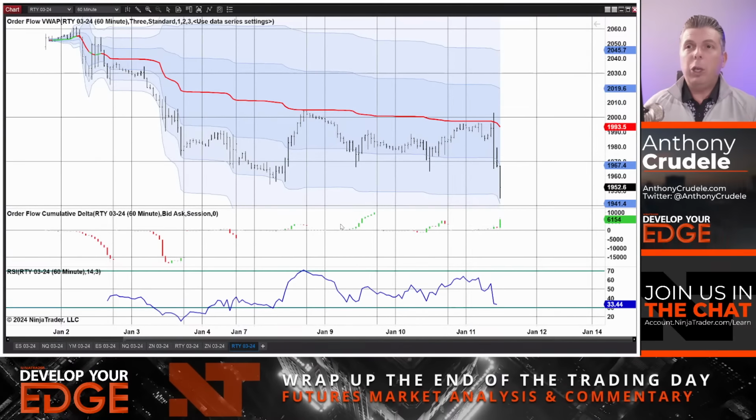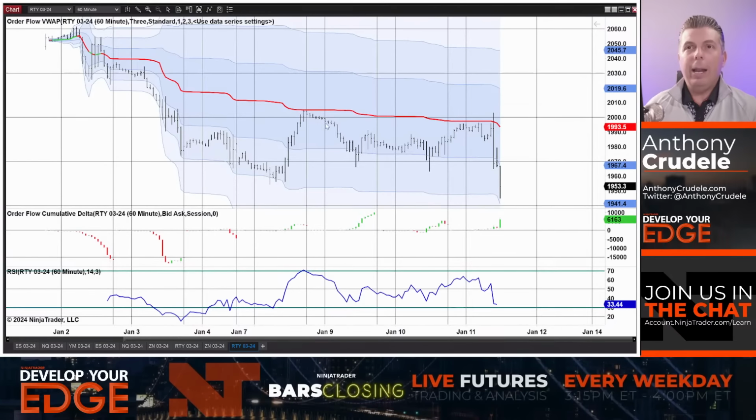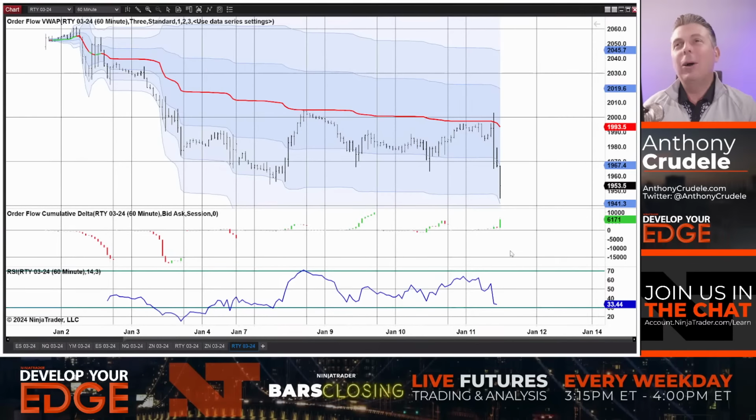The fact that you're accumulating buyers in long positions, but it can't regain the VWAP, that's not good. Imagine being a long player who's been buying RTY, and every time it gets up to resistance, it comes right off. At some point, you might get a little puke squeeze here, and on that big puke squeeze lower, that might be the time you buy it, right? I mean, cumulative delta is very helpful in painting a picture.